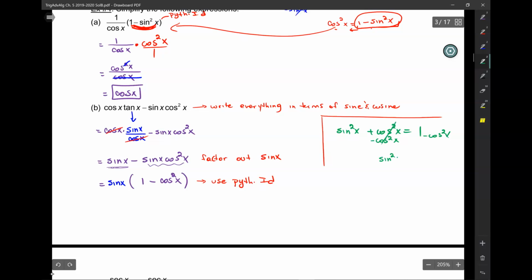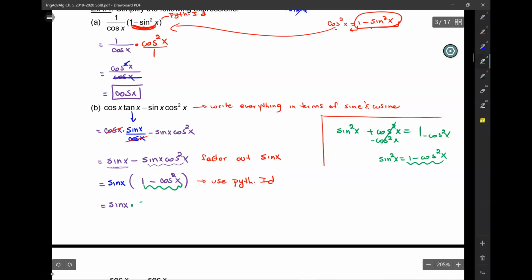Sine squared x is equal to 1 minus cosine squared x. Now, compare this with this. 1 minus cosine squared x. In the green, what does it say that equals to? Sine squared x.